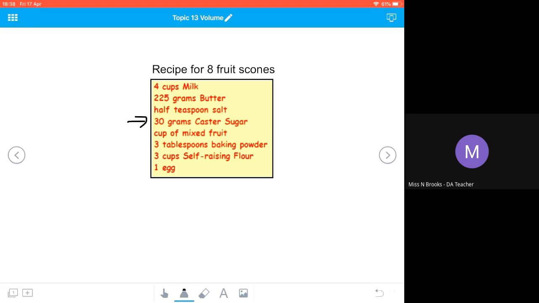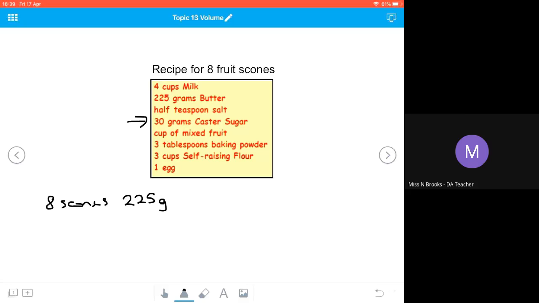So the amount above shows we'll make 8 scones. If I wanted to make 24 scones, how much butter will I need to use? So the first thing we have to do here, and I'm going to do some writing at the bottom, is for 8 scones, I'm using 225 grams of butter.